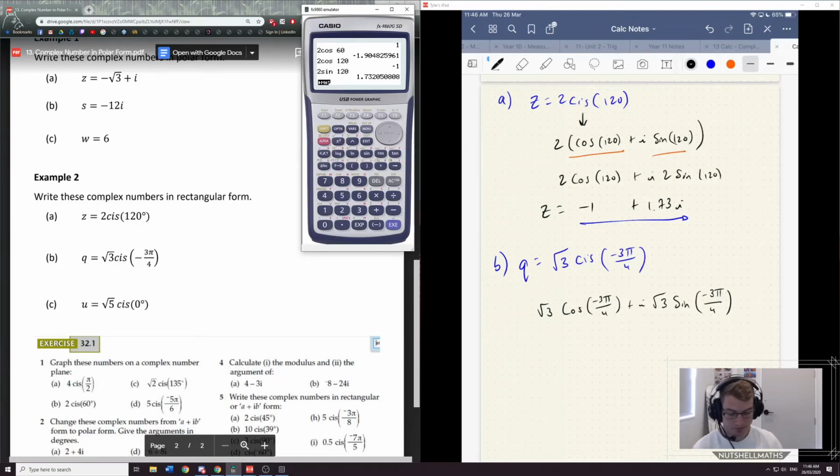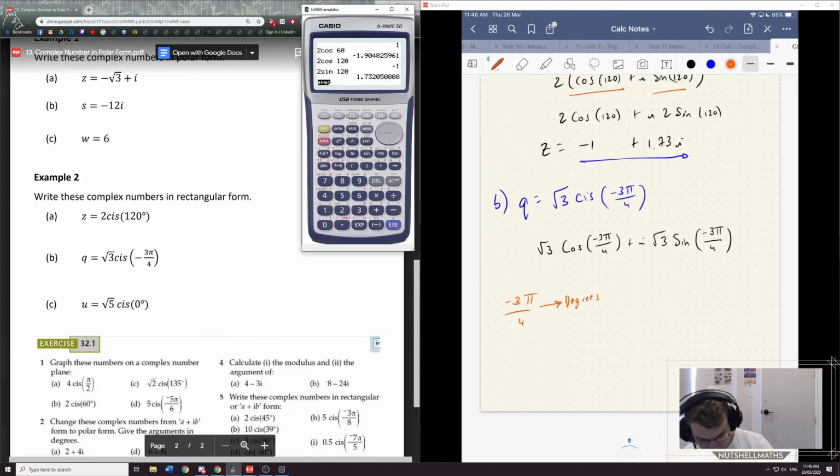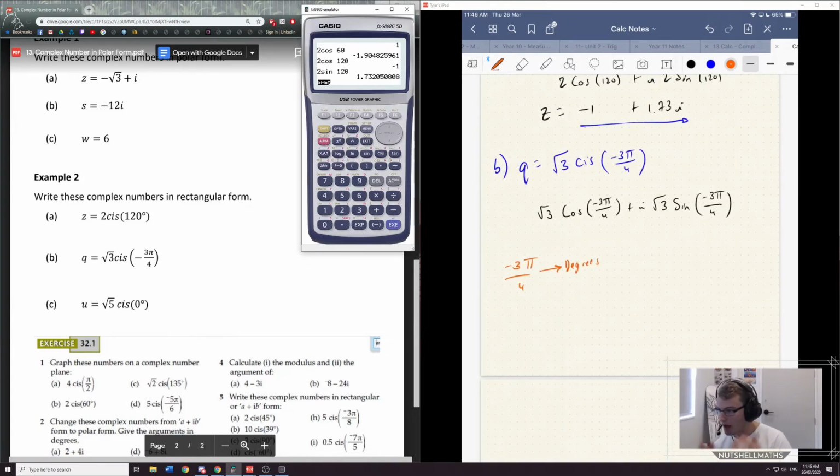So to do this, I'm going to pull it out over here and do it. Minus 3 pi by 4. We want to convert this to degrees. To do so, what did we say? What is pi in terms of radians? Pi by definition is 180. Right?